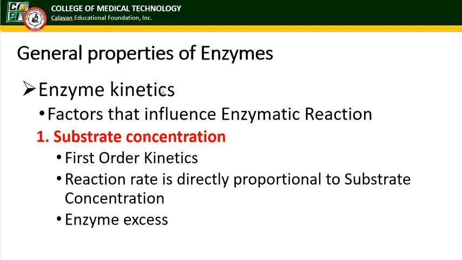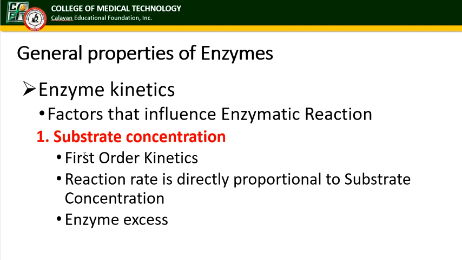General properties of enzymes. So, enzyme kinetics. So, ito yung kung gaano kabilis yung ating reaction ng mga enzymes. Okay. So, una is the substrate concentration. So, substrate concentration is called first order kinetics.